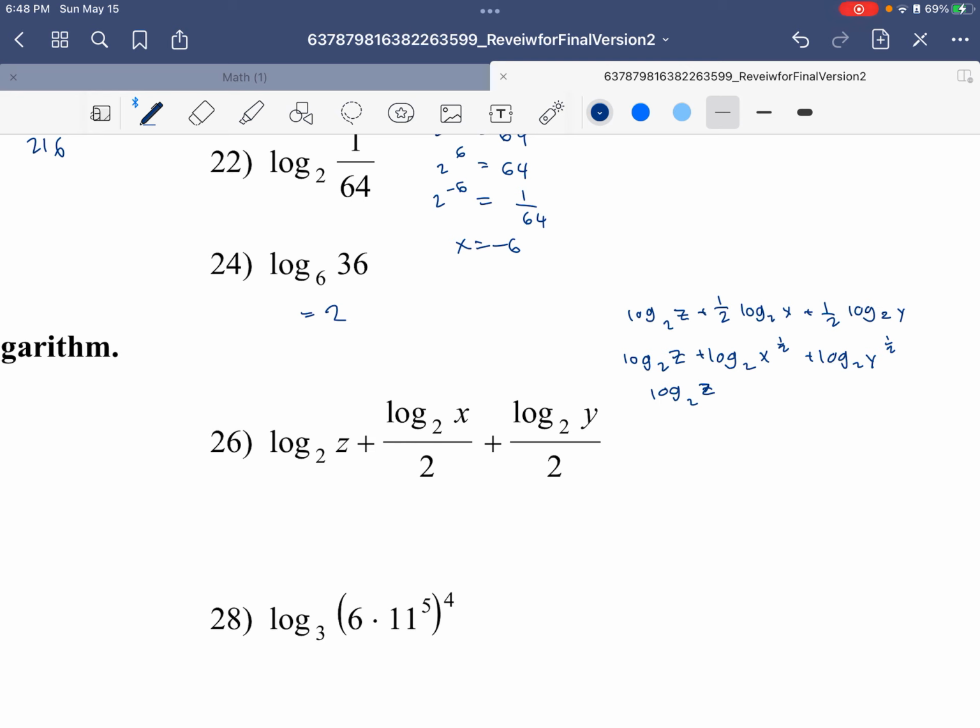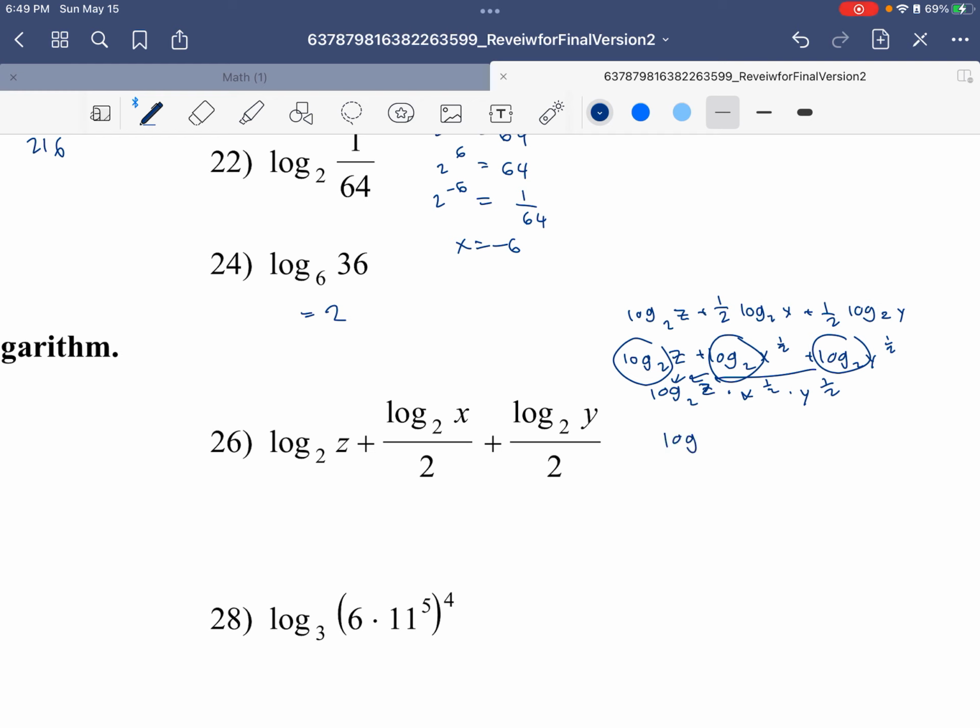So all these log base 2's became this here, and the rest is going to be multiplied. So you have x to the power 1/2 and y to the power 1/2, and they're being multiplied like that.